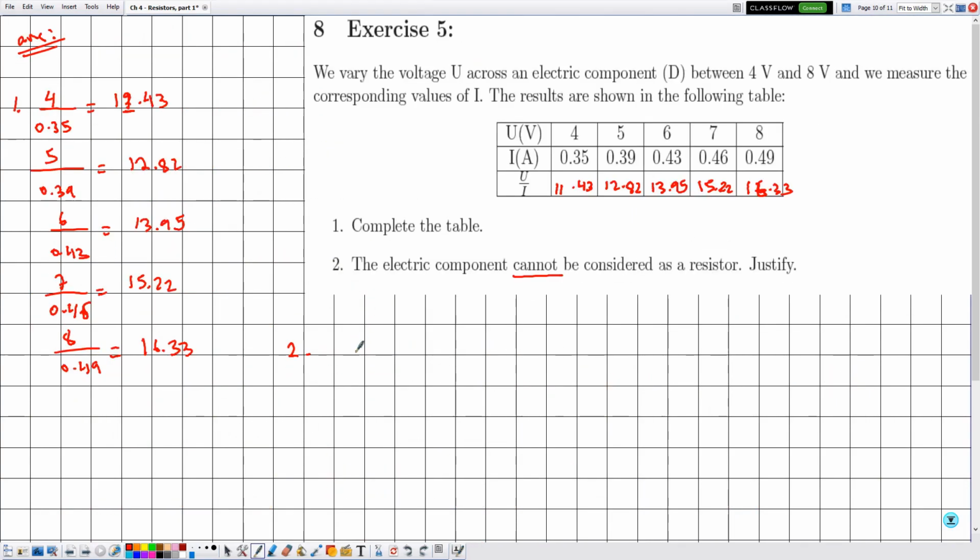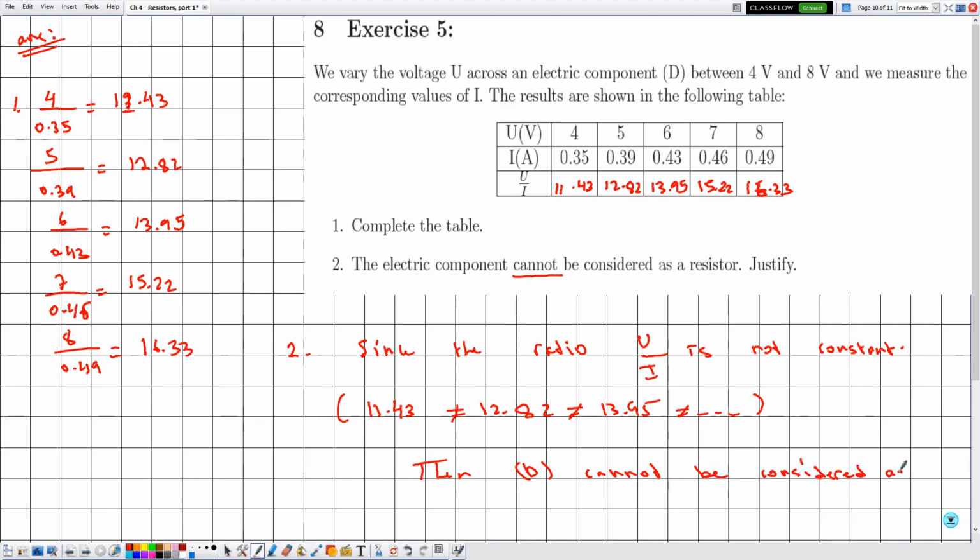Now let's say, since the ratio U over I is not constant, and this is simply because 11.43 is not equal to 12.82, is not equal to 13.95, etc., then D cannot be considered as a resistor.